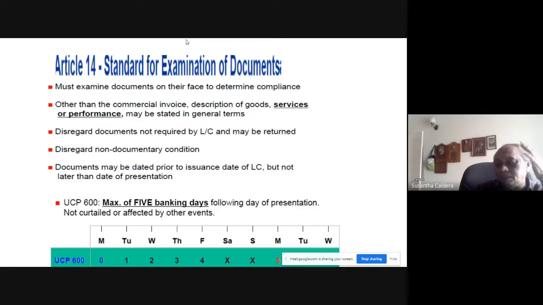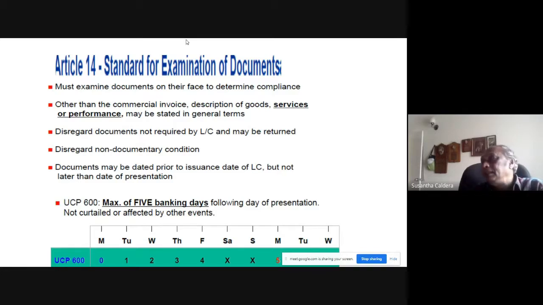You're free to ask any questions. Then we are checking the documents. According to the commercial invoice, 100 units of grandfather clocks.